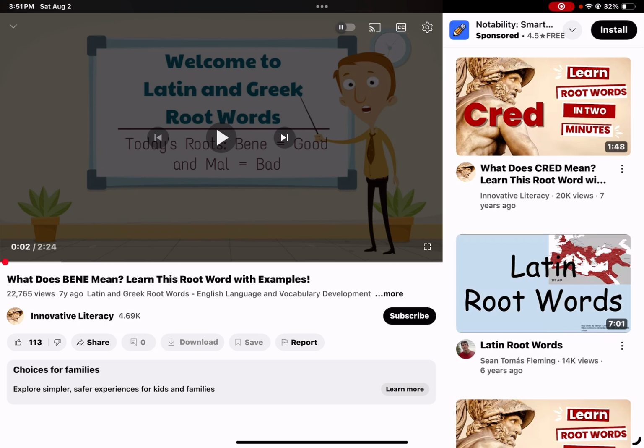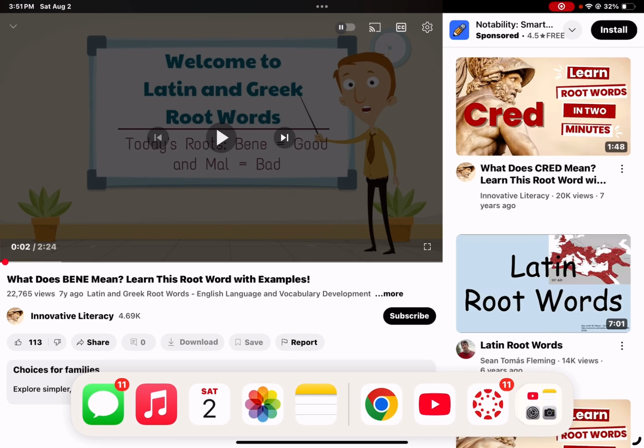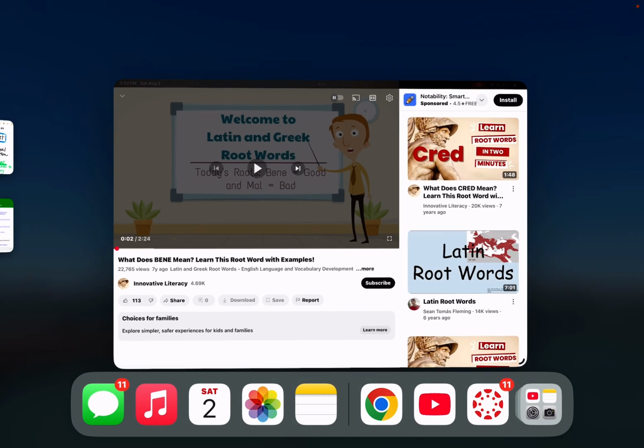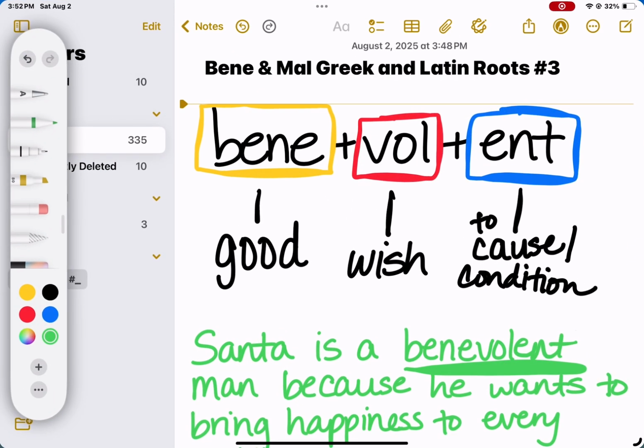I'm not going to play the video for time's sake, but my first step in teaching my students this would be to play this video. I would show them the video first, and then I would take them directly to these sentences here.